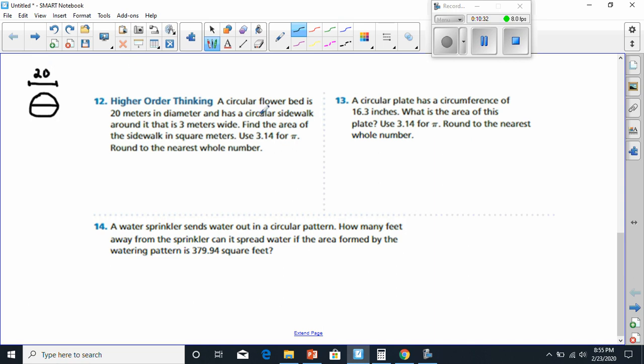And now we're saying that it has a circular sidewalk around it that is 3 meters wide. So that means there's a sidewalk that goes all the way around this.